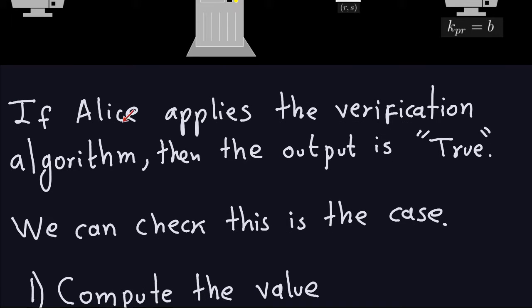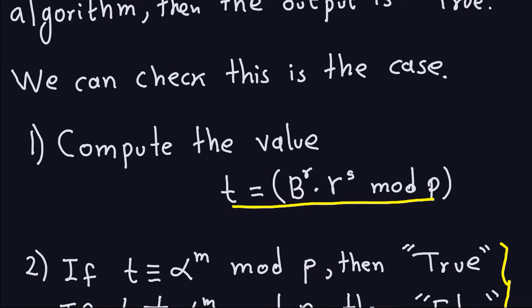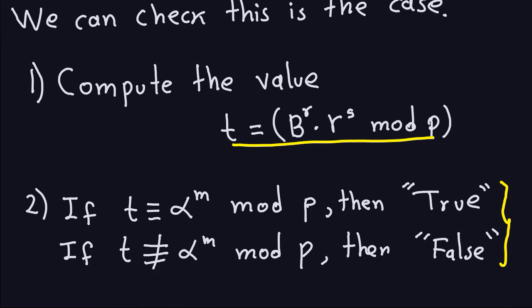So let's read this here. If Alice applies the verification algorithm, which is the one she has to apply, then the output will be true, meaning that the signature will be valid. Remember that the output of the verification algorithm is always true or false. Now let's recall what the verification algorithm is. It is these 2 steps, and it's actually simple.